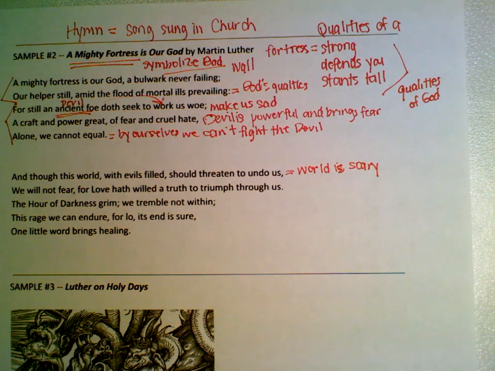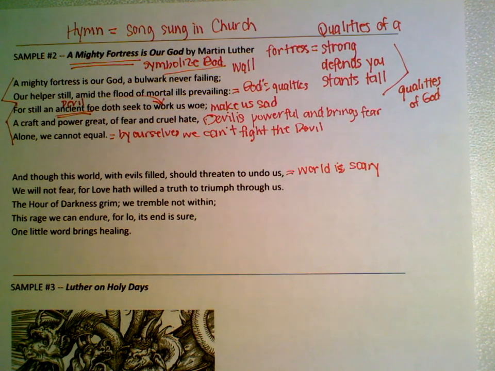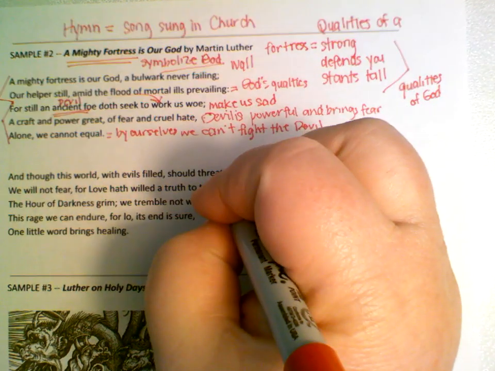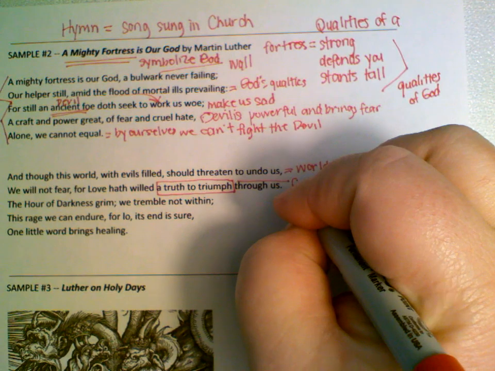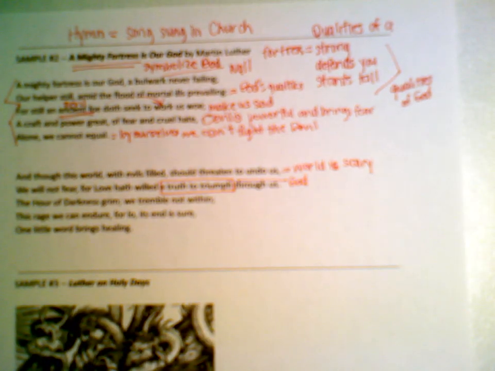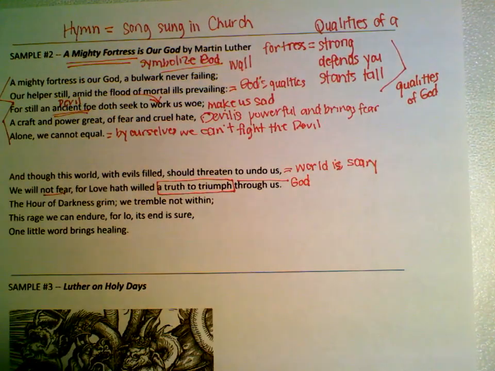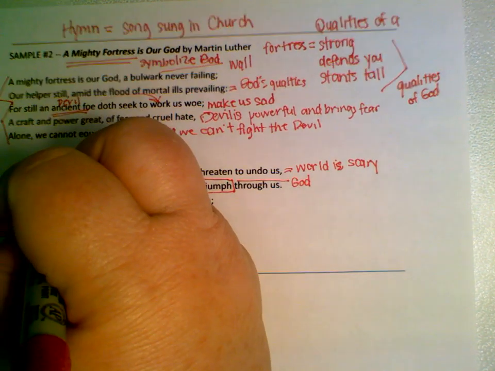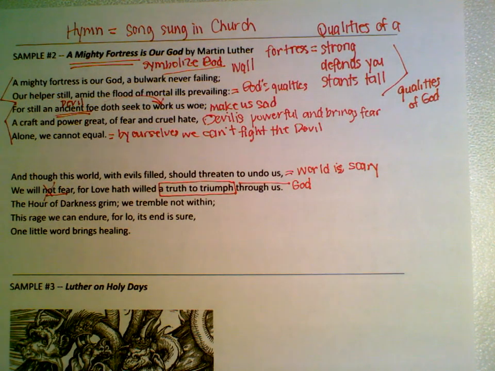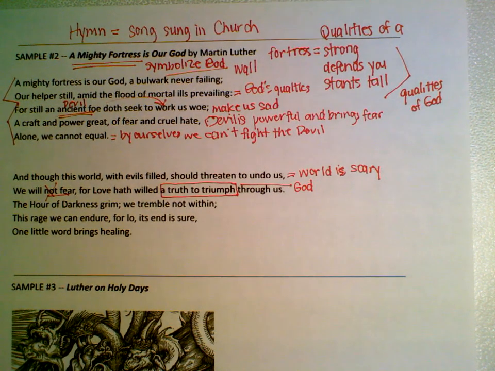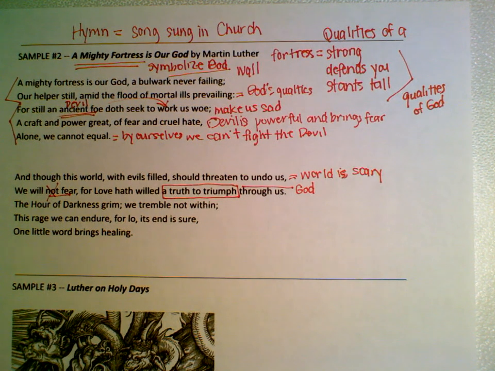We will not fear, for love hath willed a truth to triumph through us. This truth to triumph, this is God. Okay? We're not going to fear because we are going to be ruled by love. We're going to go into that fortress of love. Okay? The hour of darkness grim, we tremble not within.